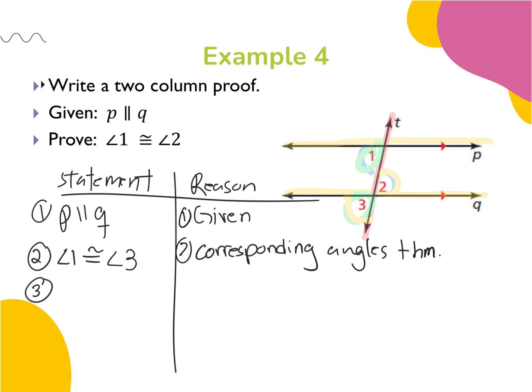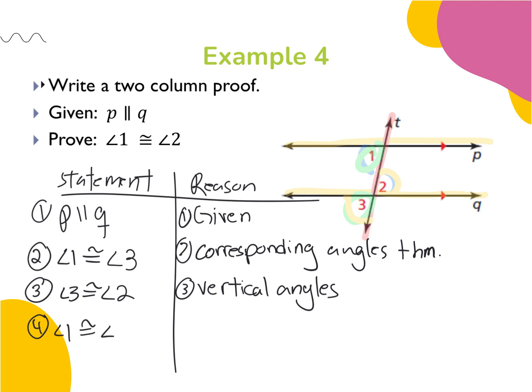Now we have step 3, which is angle 3 and angle 2 are congruent because they are vertical angles. And step 4 is angle 1 is congruent to angle 2 because of the transitive property.